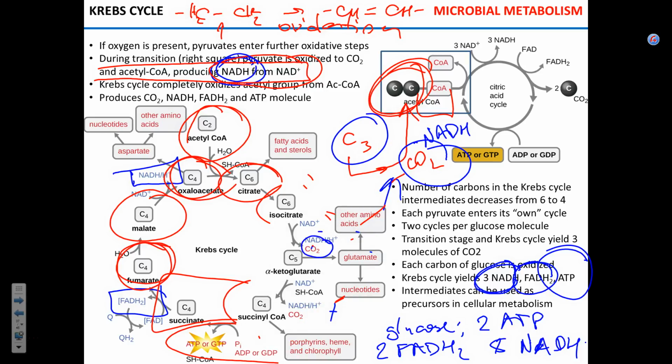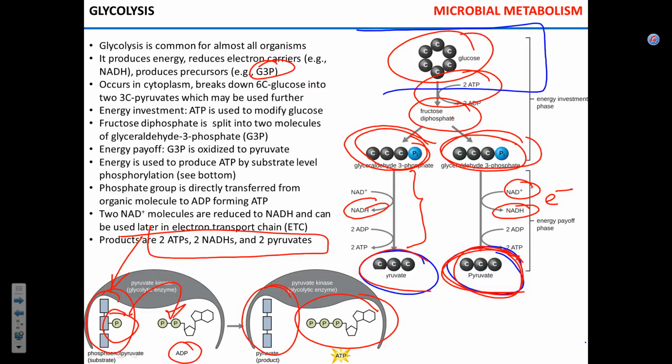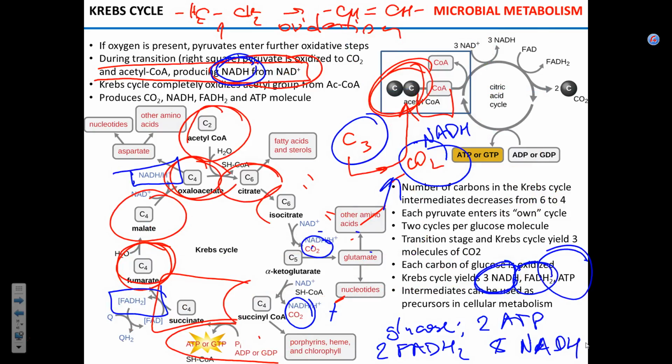And it loses another carbon when alpha-ketoglutarate is oxidized to succinate. So essentially, by the end of the Krebs cycle, all 6 carbons of that initial molecule of glucose are converted into CO2. Does that make sense?